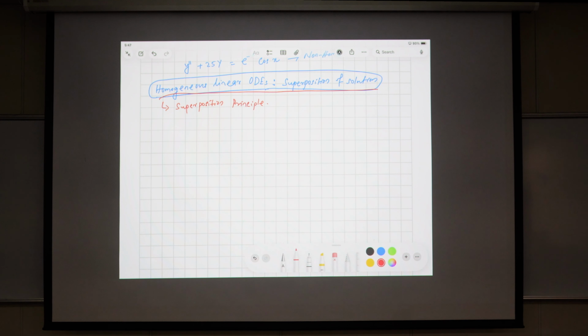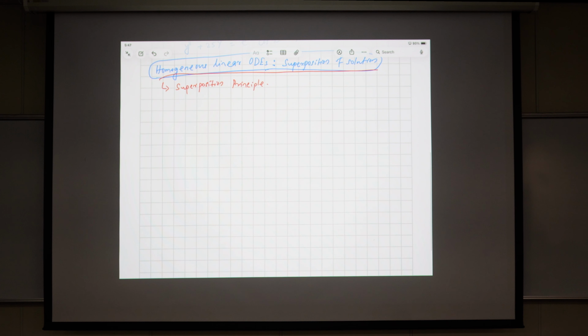Suppose I write an ODE, let's say y double dash plus y dash plus y is equal to 0. This is my ODE. This is the problem. This is a second order ODE.